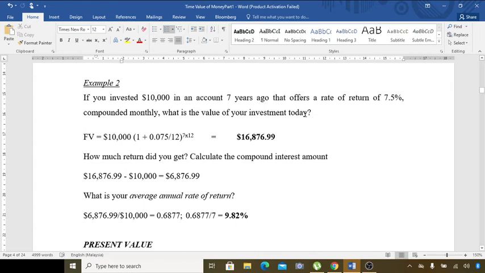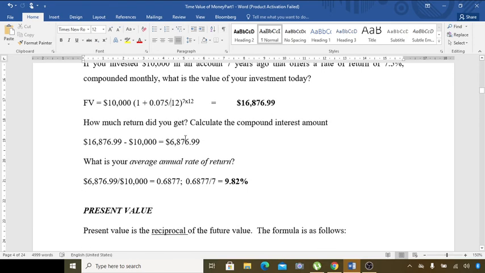We can also apply the future value formula, even though you want to calculate the value of the investment today, because your perspective is that you go back 7 years ago, so the focal point becomes 7 years ago. That was the starting point, and you look forward 7 years from then, and it becomes the future value of that particular investment. So we still use the same formula, P times 1 plus I to the power of n.